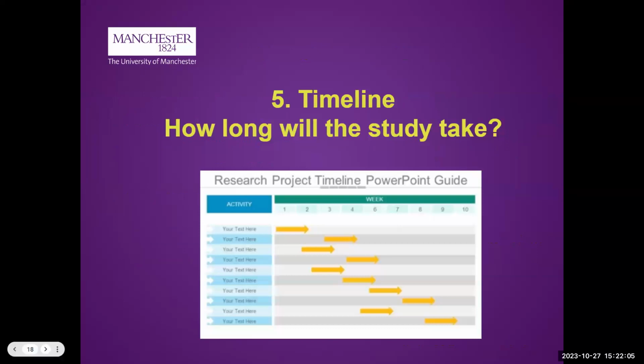Timeline. Well, how long will it take you to do this study? And I like that there are a lot of figures about timelines that are very direct, like you start one thing and you move to the other. But in reality, well, this is the expectation, yeah. But in reality, the move is up and down, or backwards and forwards.